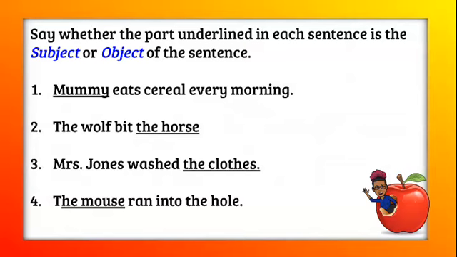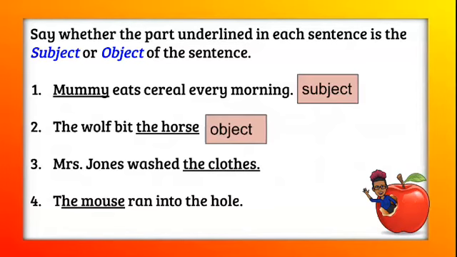So in our first sentence, we have Mommy being underlined. So Mommy here would be our subject. The wolf bit the horse. Horse is being underlined here. So horse receiving the action would be our object. The clothes in our third sentence would also be an object receiving the action washed.